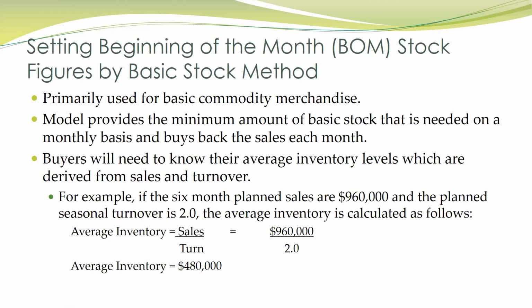The basic stock method, as the name suggests, is good for basic merchandise like socks or tank tops, very basic. The demand is not going to have huge peaks or lows. It's going to be constant for most of the time. So the amount of basic stock on a monthly basis is almost the same. It wouldn't change, and that's how you would calculate your BOM stock.